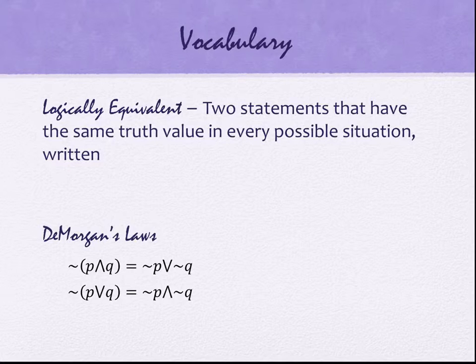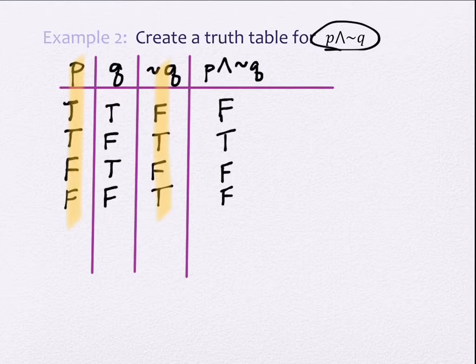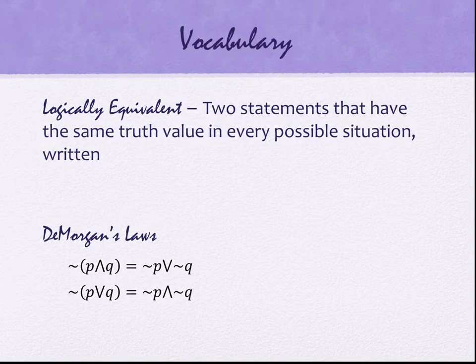So if I took a statement like this last one, P and tilde Q, and I took some other statement, like Q or P, I don't know, some other statement, and I did truth tables on both, and I got the exact same arrangement of T's and F's in the final column, that's what this is talking about, where it says they have the same truth value in every possible situation. The truth tables turn out, in the very end, identical. Those are called logically equivalent statements.